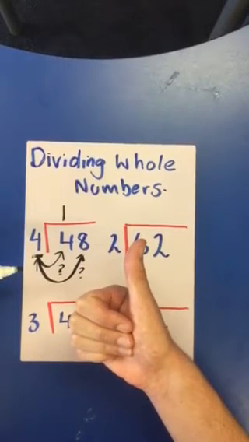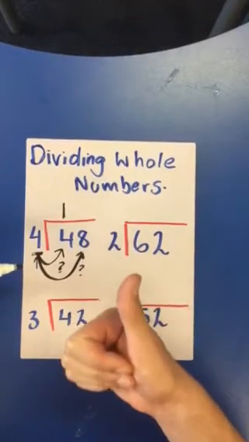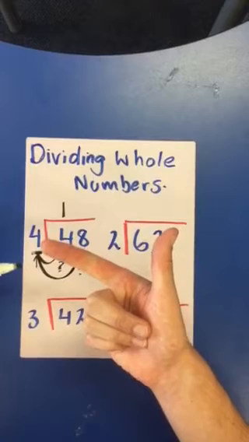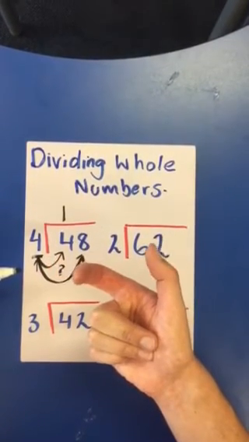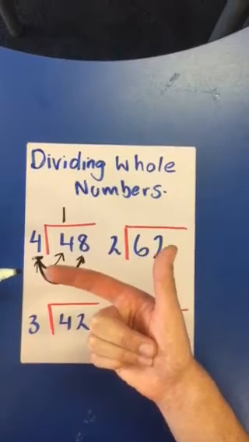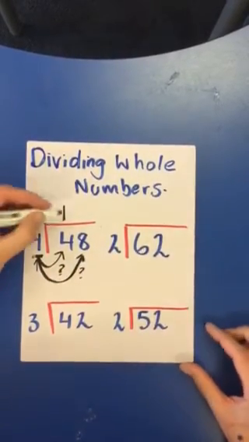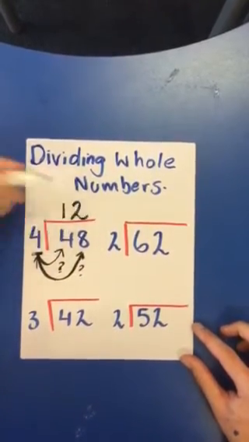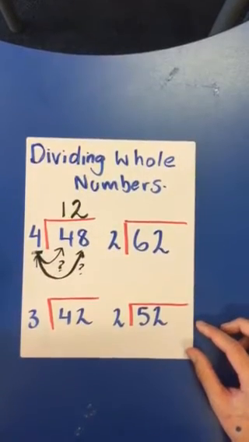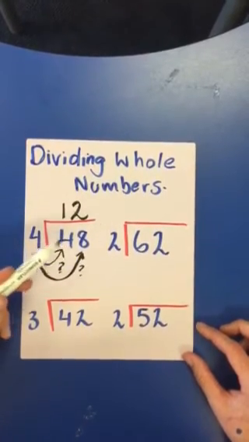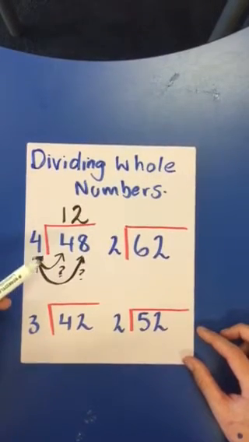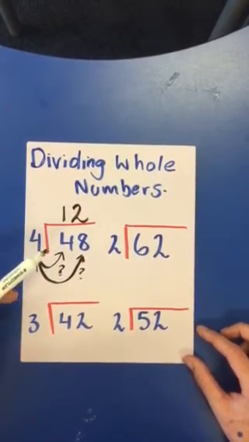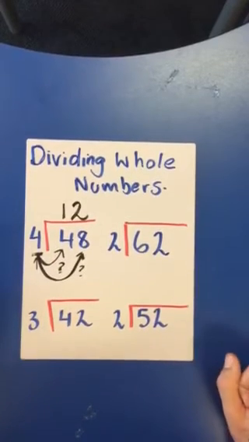So 4 plus 4. 4 fits into 8 twice. And we know that because our times tables say 2 times 4 equals 8. So 4 fits into 8 twice. All right. If I had 48 marbles and I was dividing them between 4 kids, they would get 12 each.